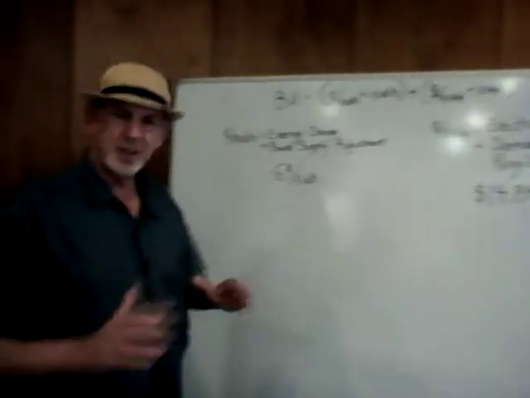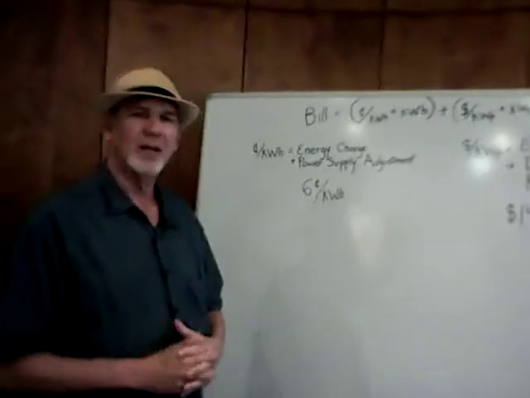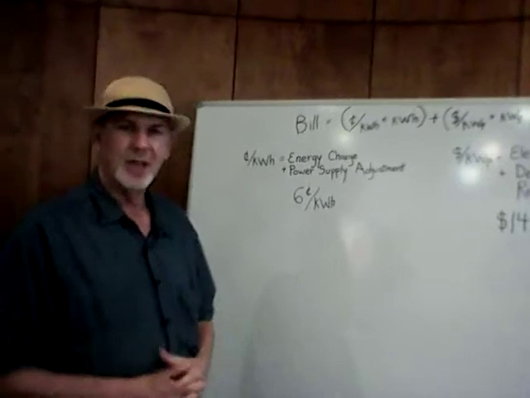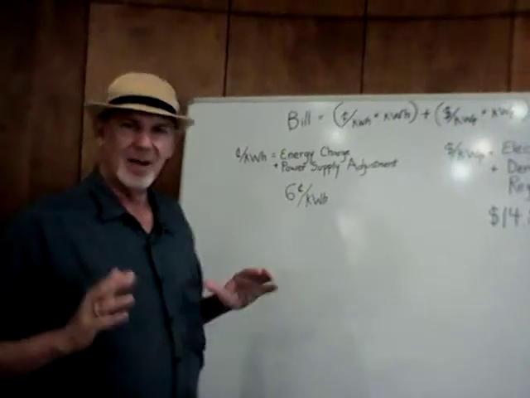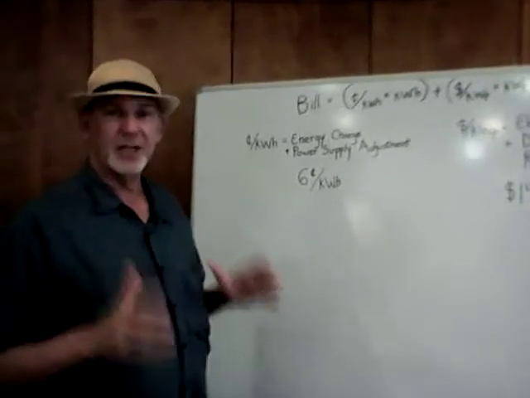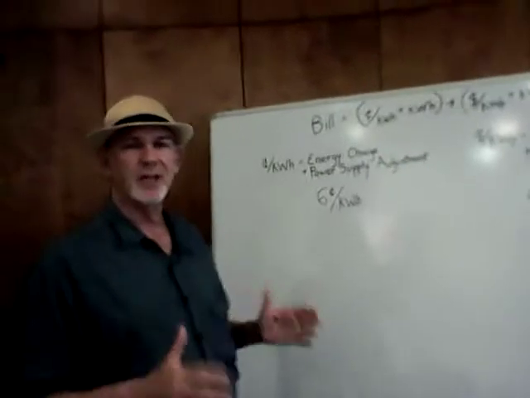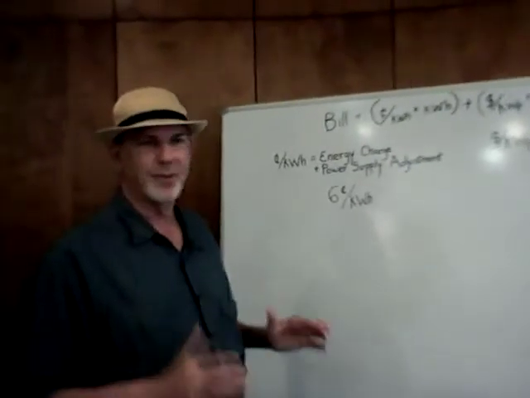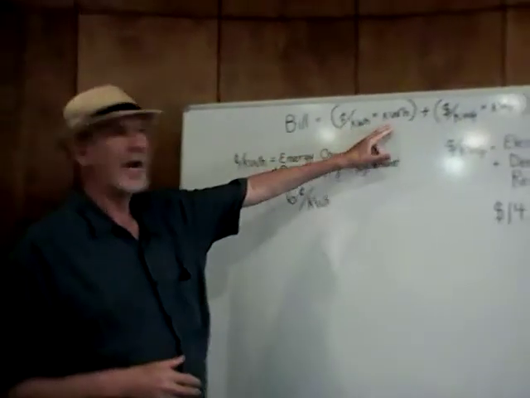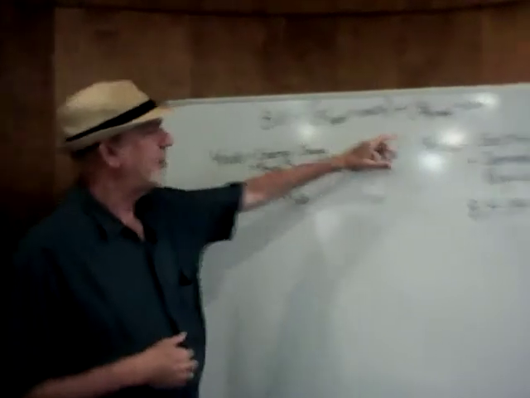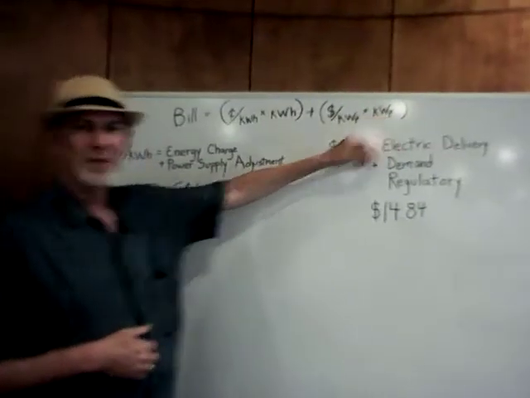We'll explain how that peak kilowatts is measured. Right now, it's important to understand there's really two things that the utility company is measuring every month. One is your kilowatt hours consumption, and the other is your kilowatt peak.